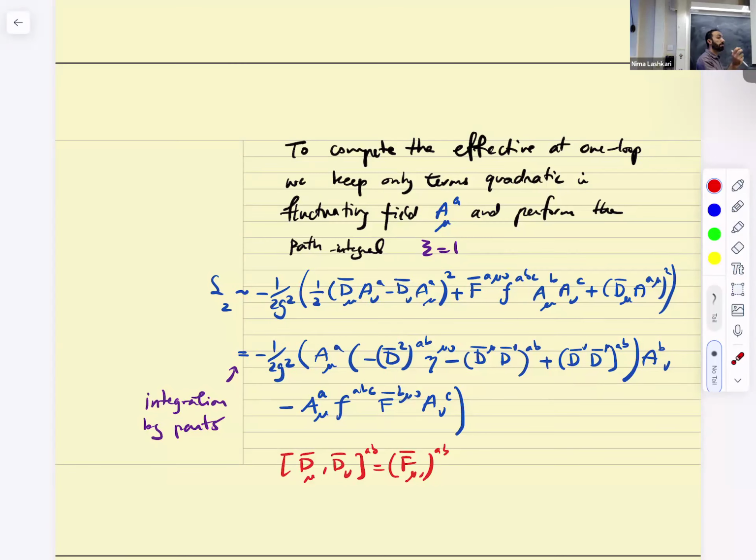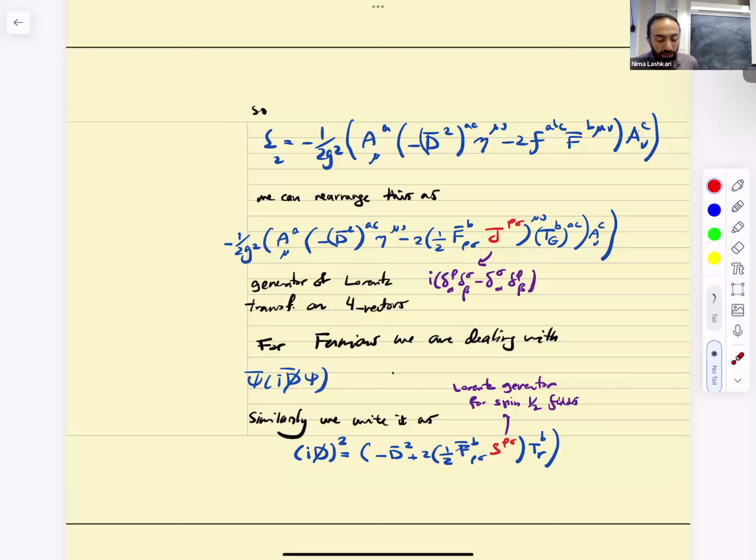Okay, then what we did was that we focused first on the A mu. Something that's really neat is that using the generator of Lorentz transformation for 4-vectors, you could rewrite these L2 terms in an elegant form in this way.